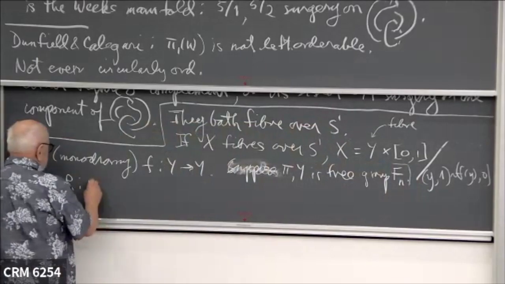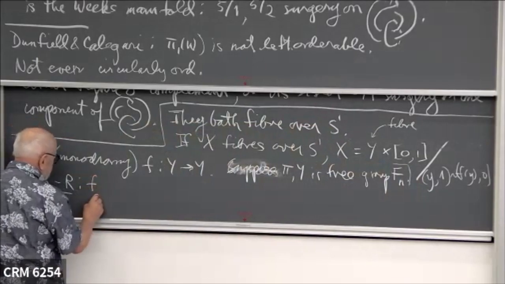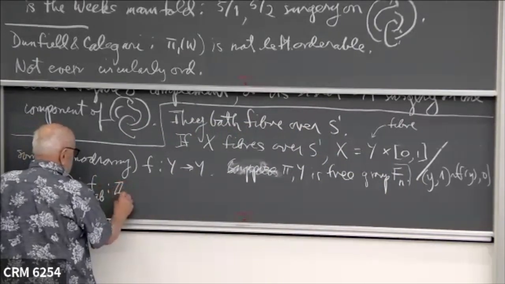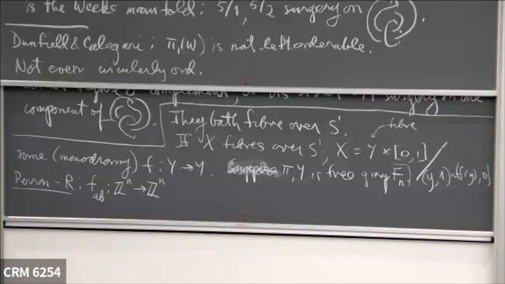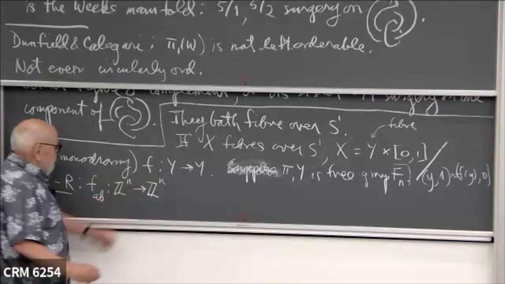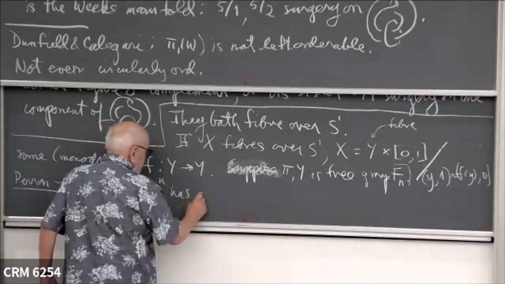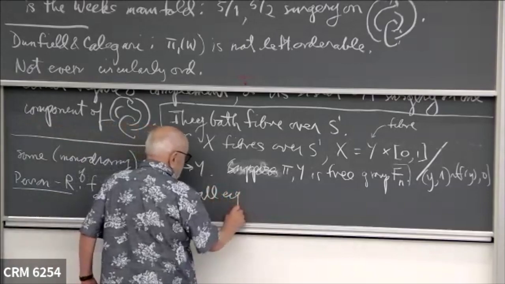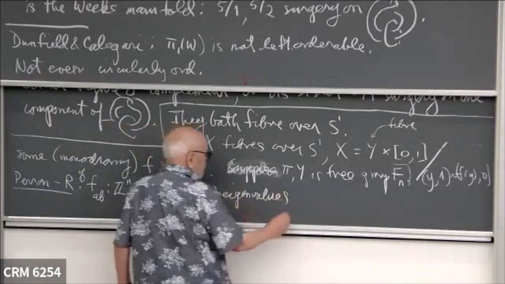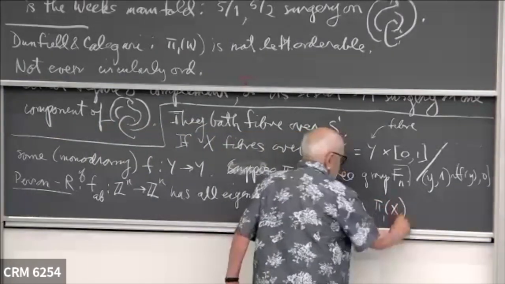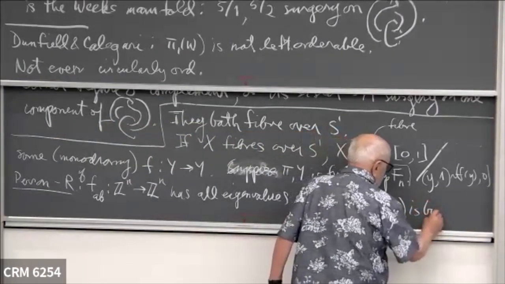We show that if you look at the abelianization, so that goes from Z^n to itself, if this has all eigenvalues real and positive, π1 X is bi-orderable.